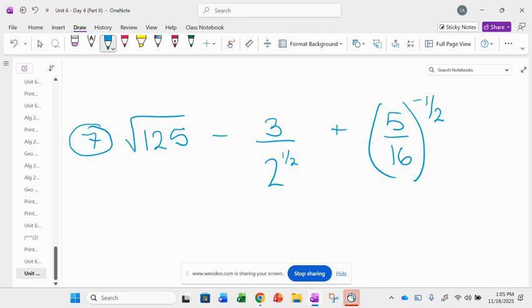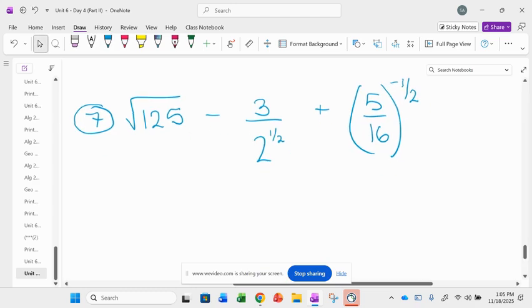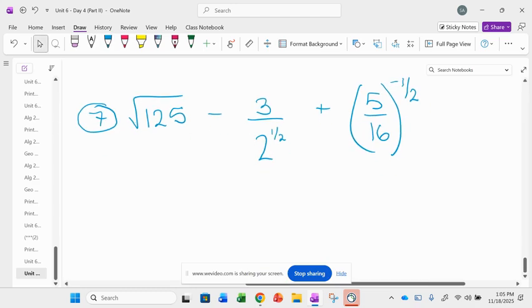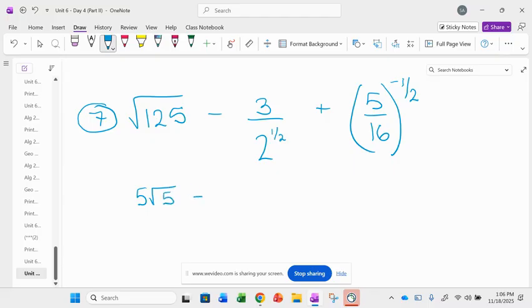Okay, so first thing I'm going to do is we can simplify root 125 easily in our head, right? Isn't that 5 root 5? And then I have 3 over the square root of 2. And then I'm going to switch this negative exponent.